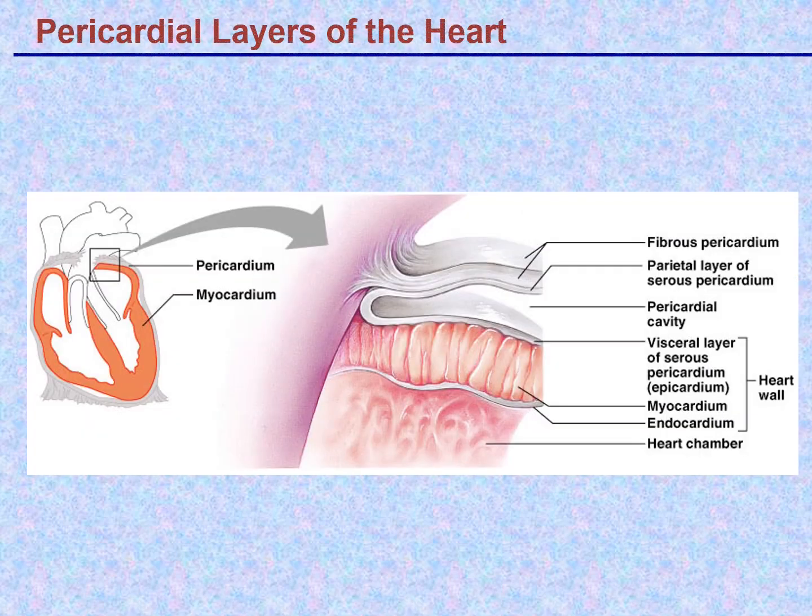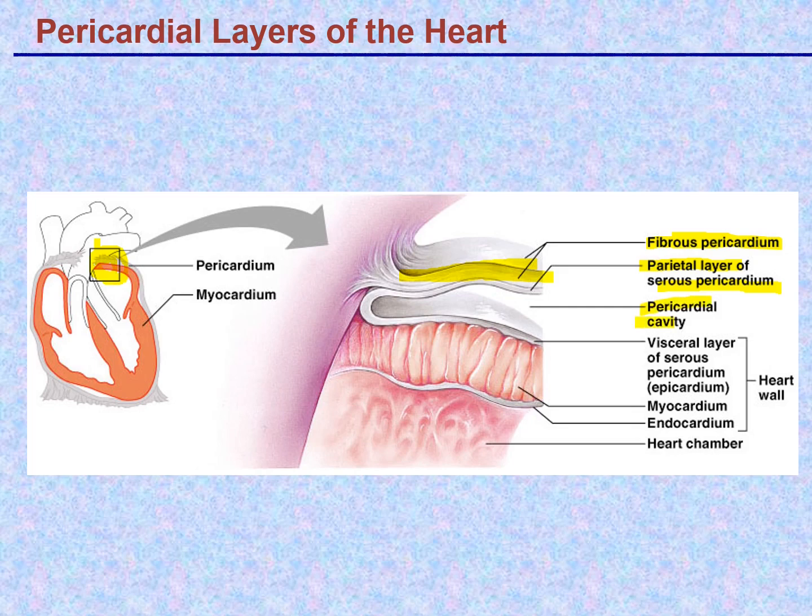Here you see a close-up of this particular area of the pericardial wall. There's the fibrous pericardium, a strong fibrous layer surrounding the entire organ, and then there are the serous membranes, the parietal layer of the pericardium, so the parietal pericardium.